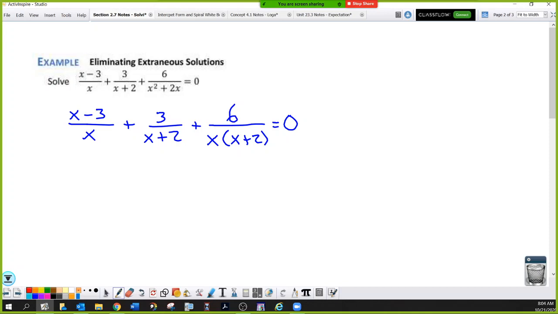One of the denominators is x, the other is x plus 2, and the last one is x times x plus 2. Guess what? x times x plus 2 is the common denominator. It already has the other 2 denominator parts. It has an x, it has an x plus 2. So we just distribute x times x plus 2.